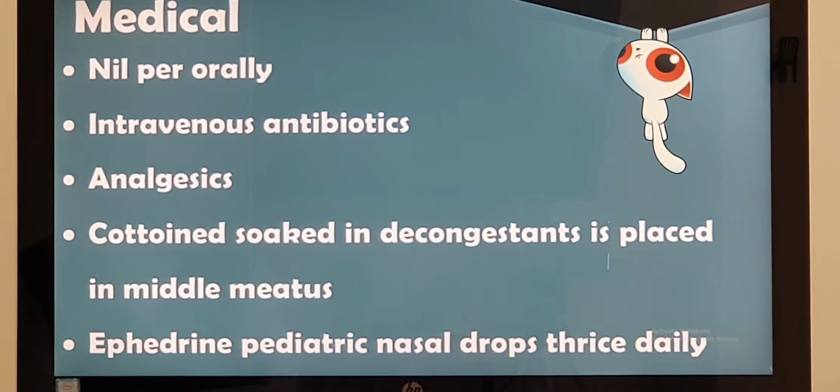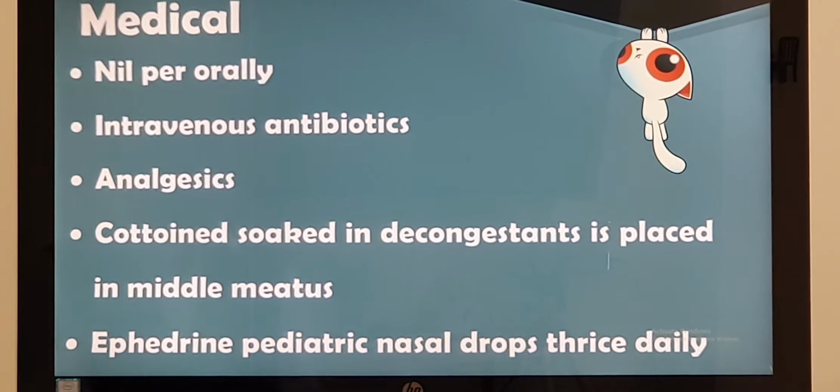At the same time, we'll do a nice nasal suctioning, and we'd like to keep nasal decongestant soaked cottonoids in the nasal cavity, which will be kept only for 20 minutes. This will be done 3 times daily, till the patient, if needed, is taken to the operation theatre. Till then, we'll keep the packs like this, followed by nasal drops also.